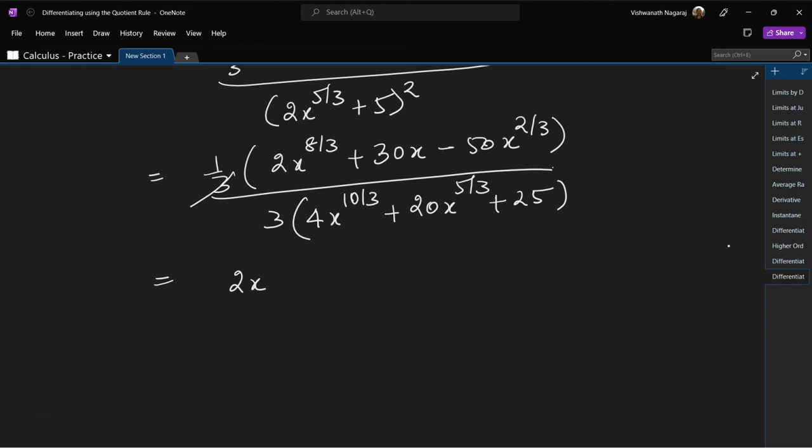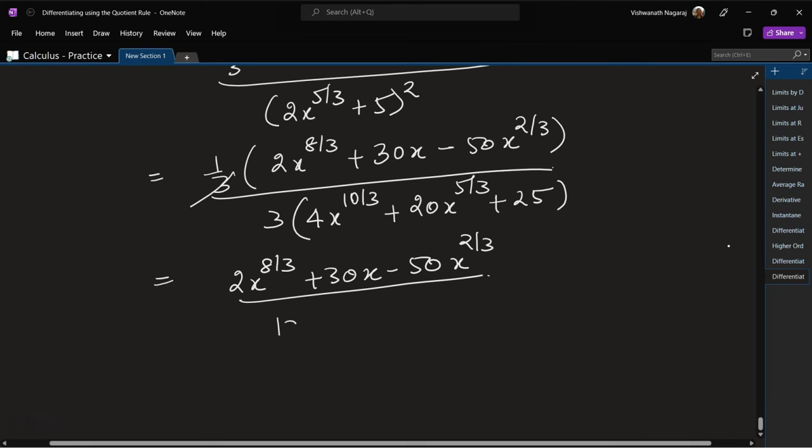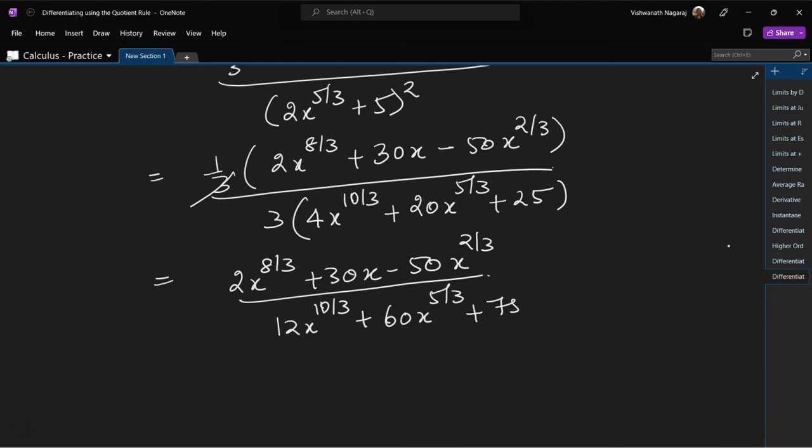So we have 2x to the power of 8 by 3 plus 30x minus 50x to the power of 2 by 3, divided by 12x to the power of 10 by 3 plus 60x to the power of 5 by 3 plus 75. Is that right?